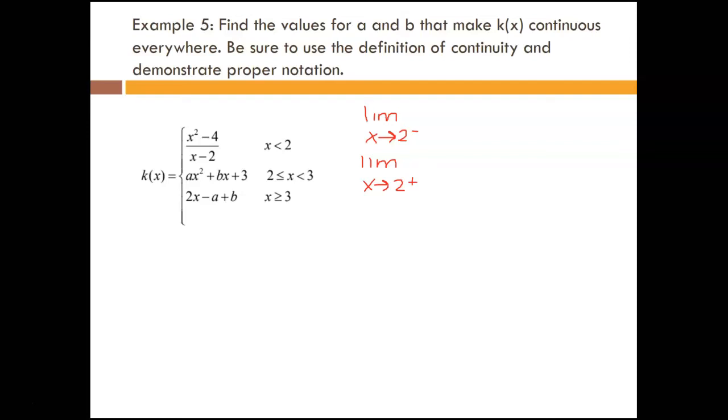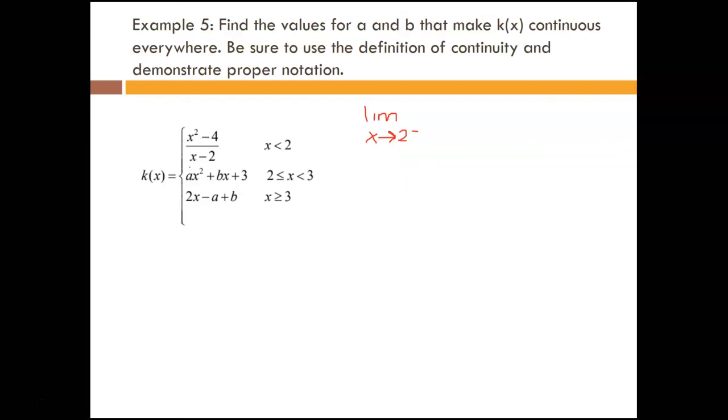The limit as x approaches 2 from the left is going to come from the top part of the function, x squared minus 4 over x minus 2. But what happens if you plug in 2 to that equation? 2 squared is 4, 4 minus 4 is 0, 2 minus 2 is 0, we get 0 over 0, which is the indeterminate form.